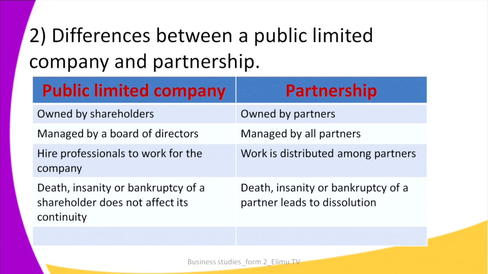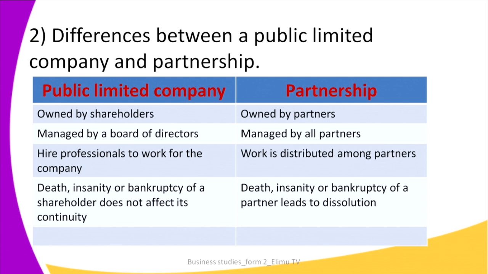And you find that in partnership they actually divide or distribute the work among the partners. Maybe the other difference is that for a public limited company, death, insanity, or bankruptcy of a shareholder does not affect the continuity of a company.